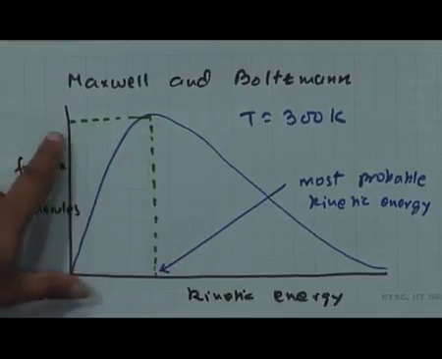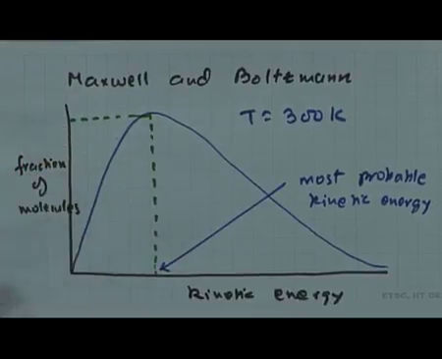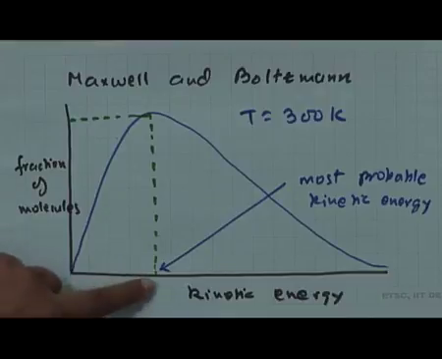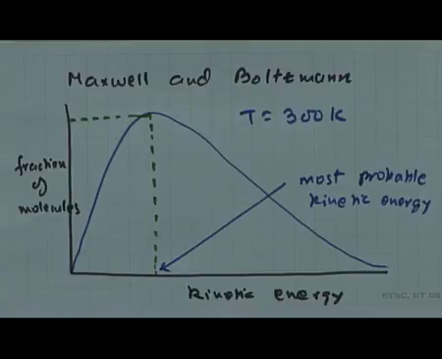This peak, to be read off from the y axis, corresponds to the maximum fraction of molecules having this kinetic energy, and because the maximum fraction of molecules is seen to possess this kinetic energy, it is called the most probable kinetic energy. Okay.